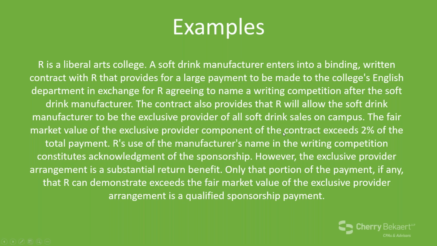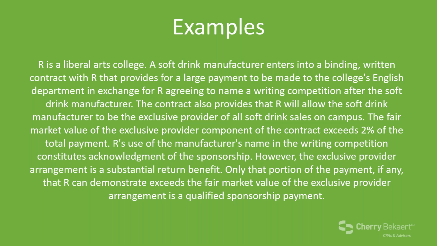In this example, we have two different types of arrangements, one which generates an acknowledgement and one which generates a benefit. A college is naming a writing competition after its sponsor, and it's also allowing that sponsor to be the exclusive provider of all soft drinks on campus.